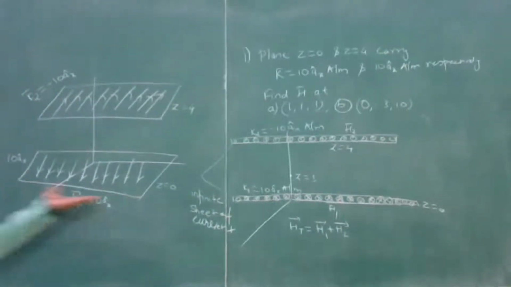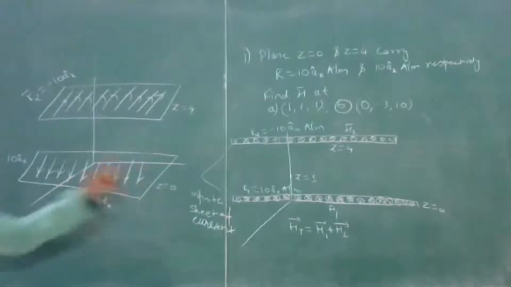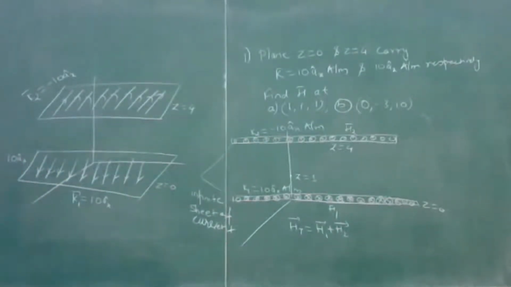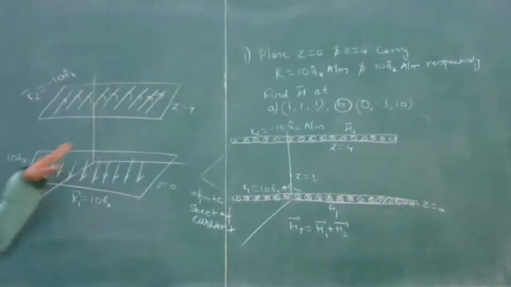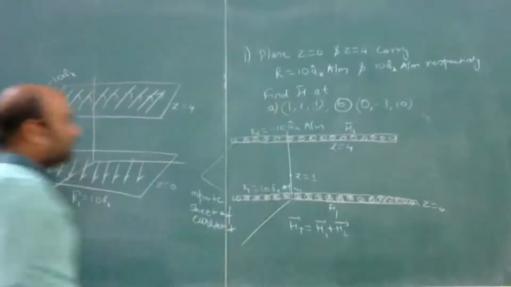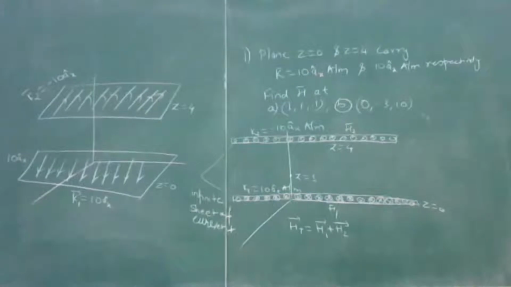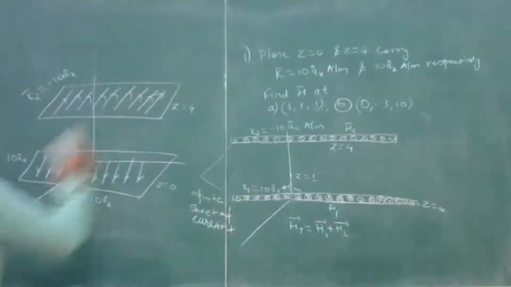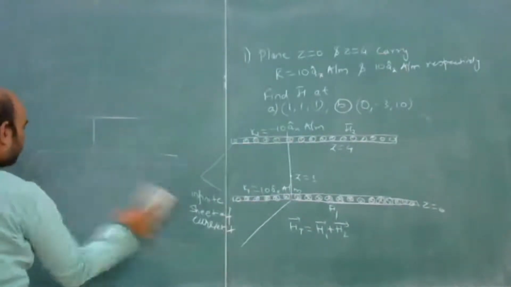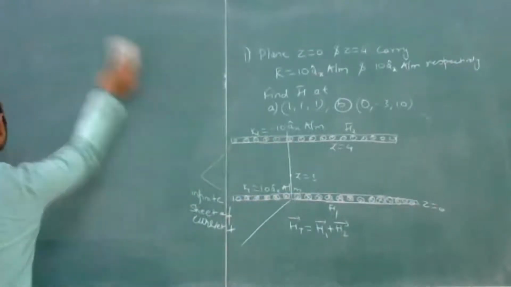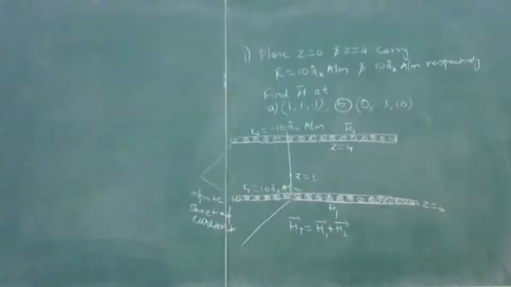The two current sheets are kept at z is equal to 0 and z is equal to 4, with K1 equal to 10 a_x and K2 equal to minus 10 a_x. First we will find H1, the contribution due to K1.